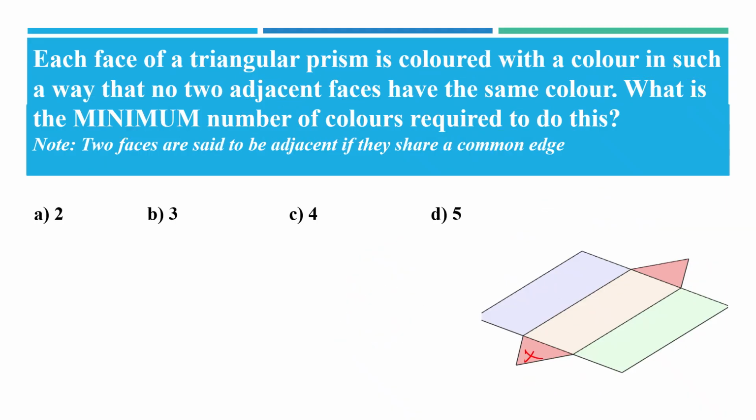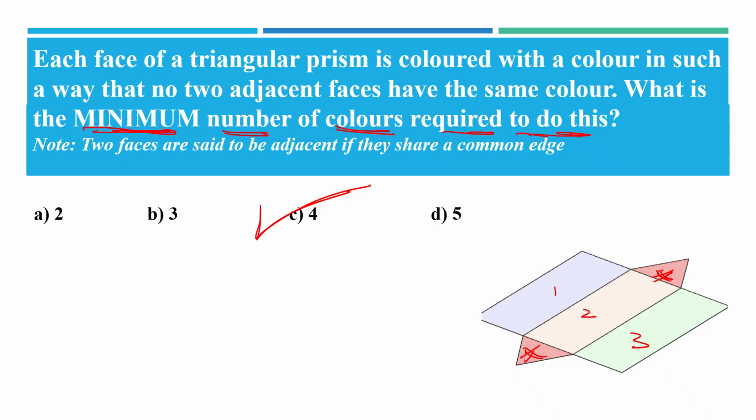So this and this can have the same color, and all other 3 need to have different colors. So 1 color, 2 color, 3 color, and these 2 in the same color. So totally 4 colors are required to do this. The minimum number of colors required to do this is actually 4.